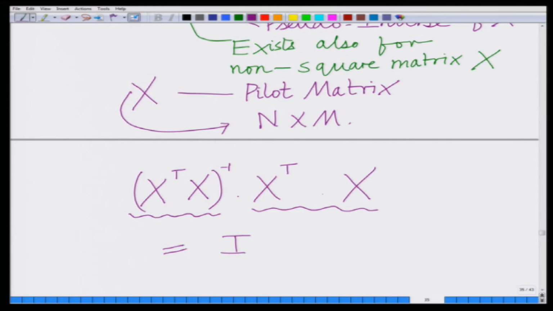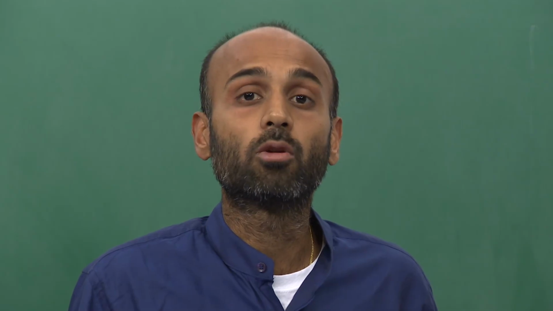X is not necessarily a square matrix; it is an n cross m matrix, where n is the number of pilot observations and m is the number of unknown parameters.